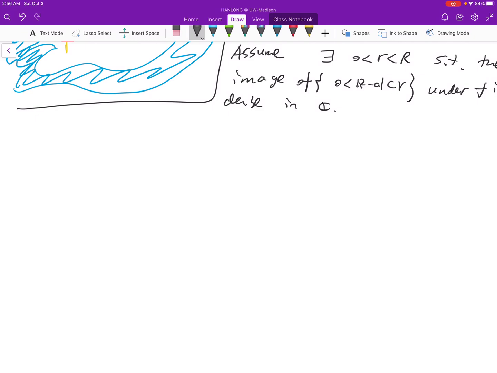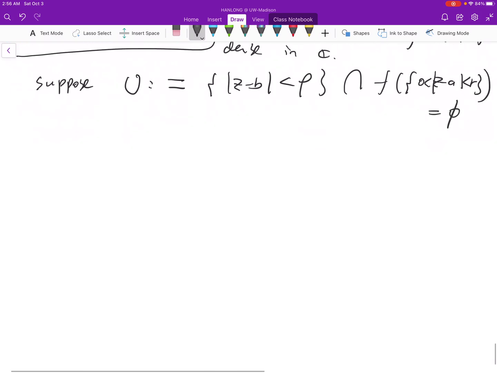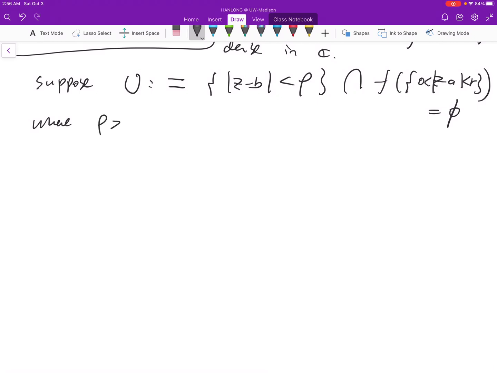Since it's not dense, then we can take an open set U defined by the ball with radius rho centered at b, intersect the image of the small disk, which is empty, where rho is positive.